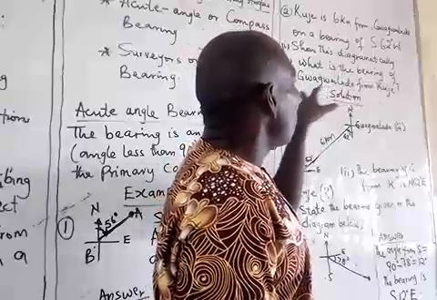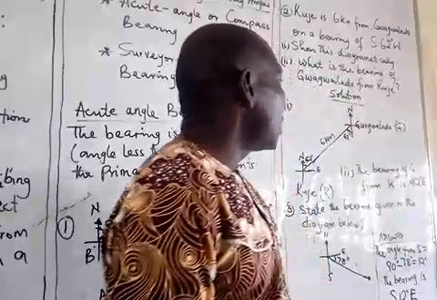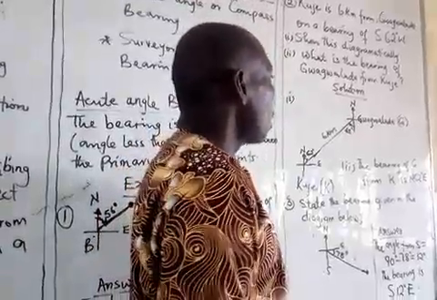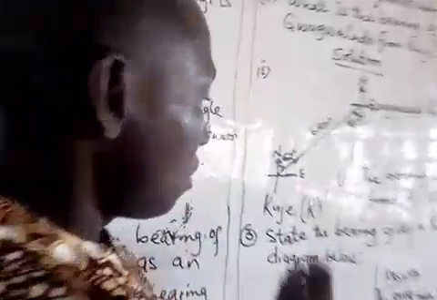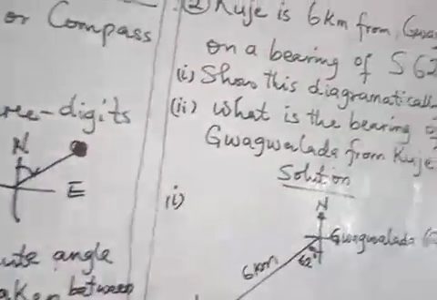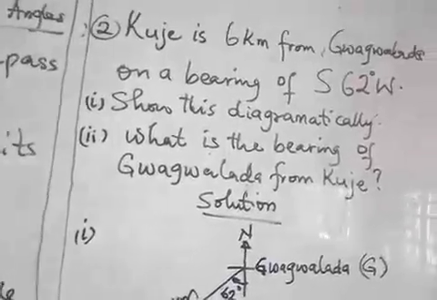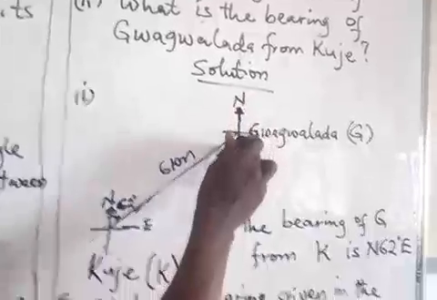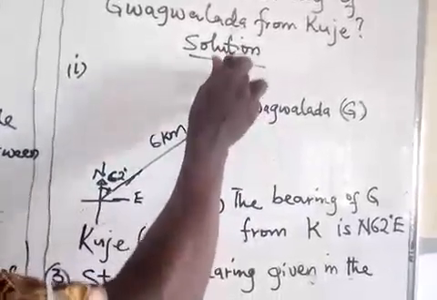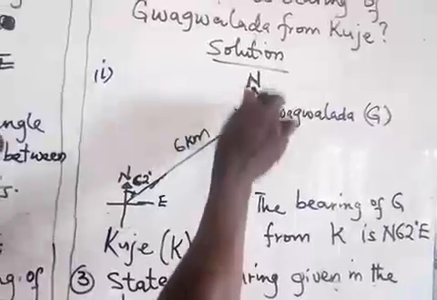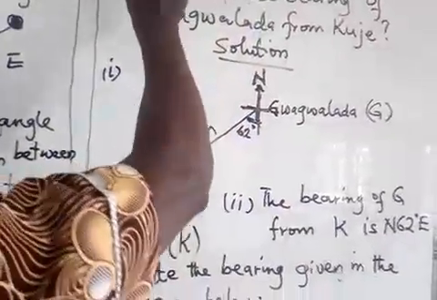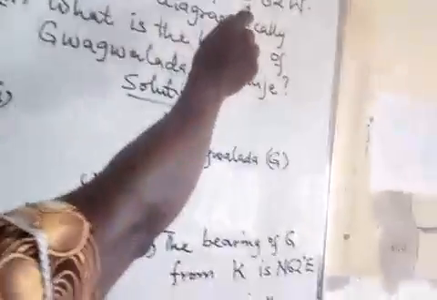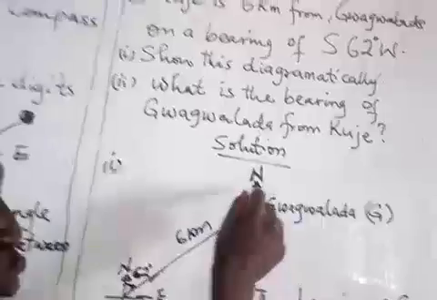What is the bearing of Gogolada from Kuje? Now, look at the diagram here. Our reference point here is Gogolada, so we start from Gogolada and put the direction here. We are told that Kuje is 6 kilometers from Gogolada on a bearing of 62 degrees southwest.